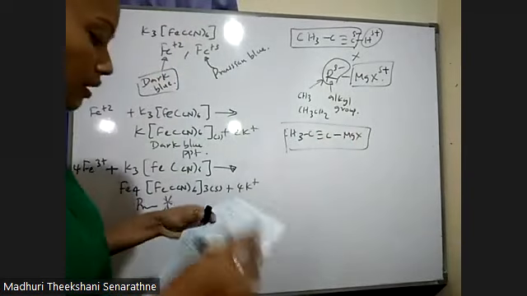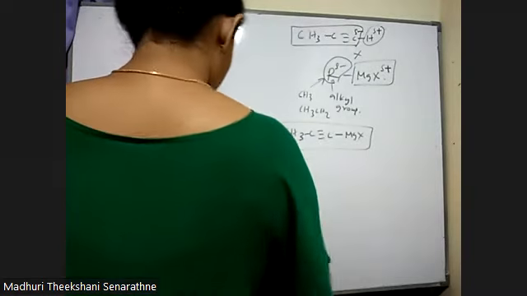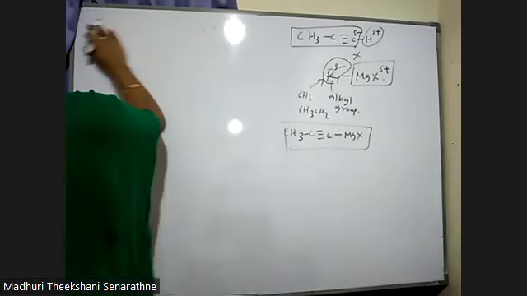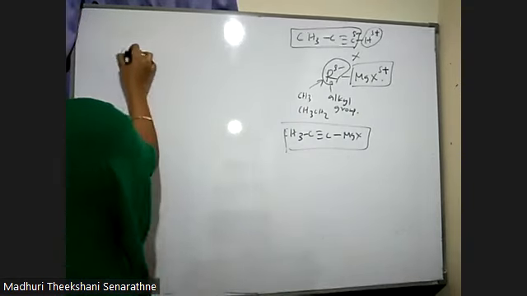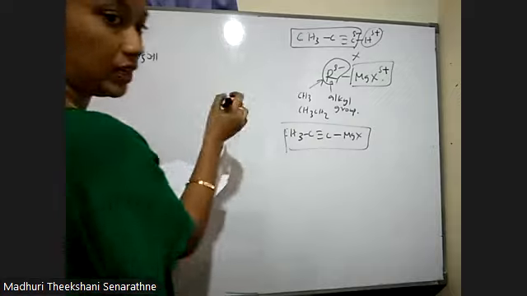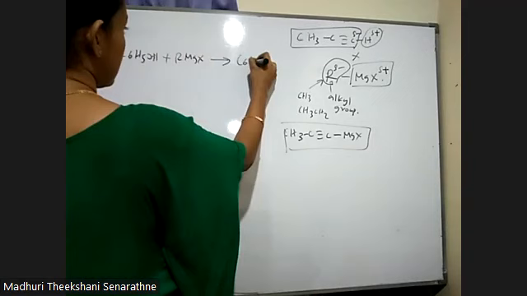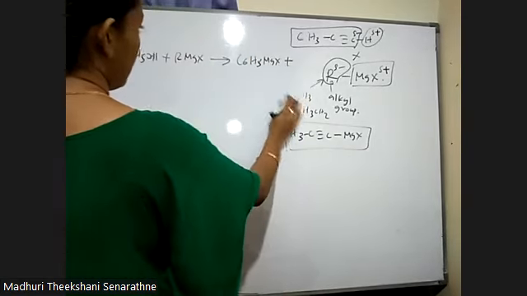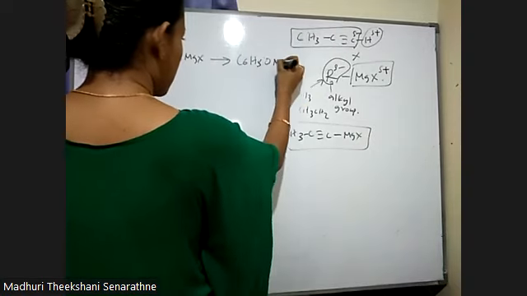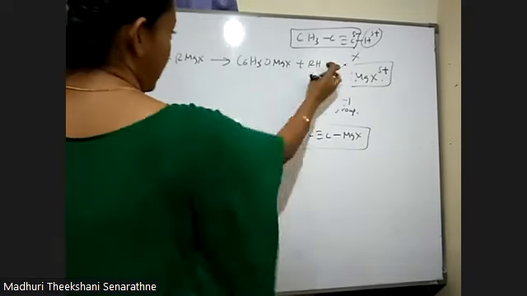What are the equations? C6H5OH, this is phenol, plus RMgX gives C6H5OMgX and RH alkane.